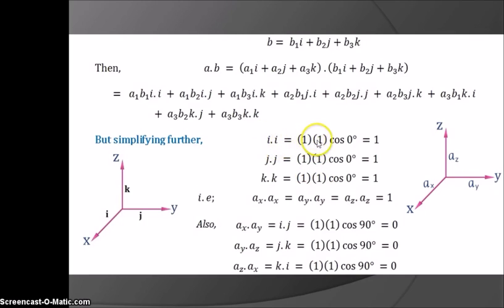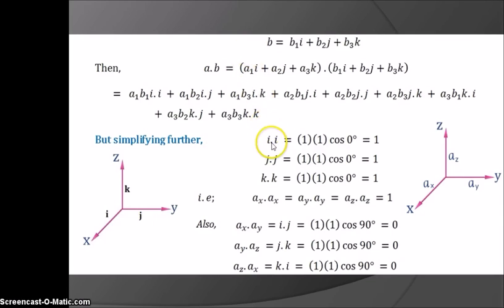i dot i would be 1 times 1 times cos of the angle between the two vectors. And the angle between i and i is 0 because we are assuming that i and another i on top of it would overlap, or be parallel. And when we have two parallel lines, the angle between them is 0.